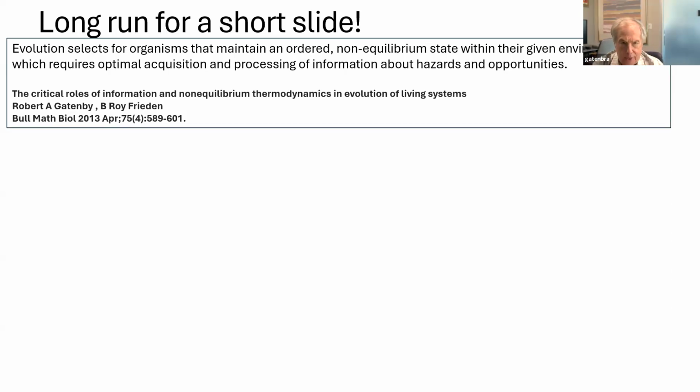What I have thought before this is that you can view information as sort of the critical component of evolution, and that what's being selected is that there is optimal gathering of information within the organism about its environment, and that can be both hazards and opportunities, and it doesn't have to be all information, and it's subject to a cost-benefit ratio.